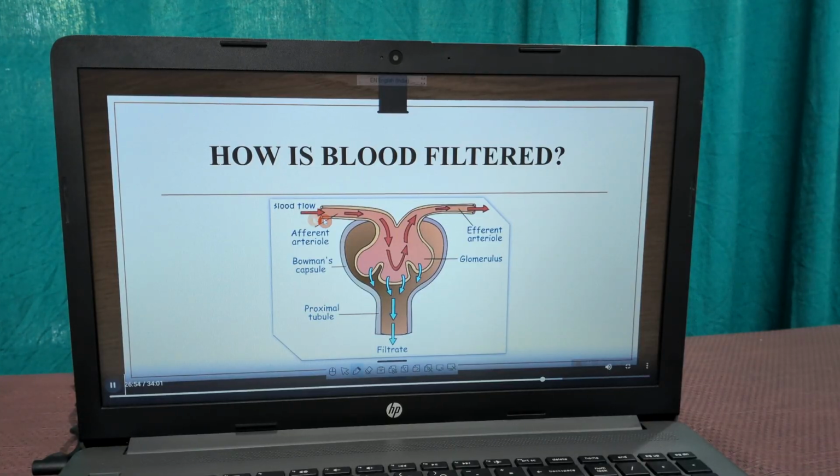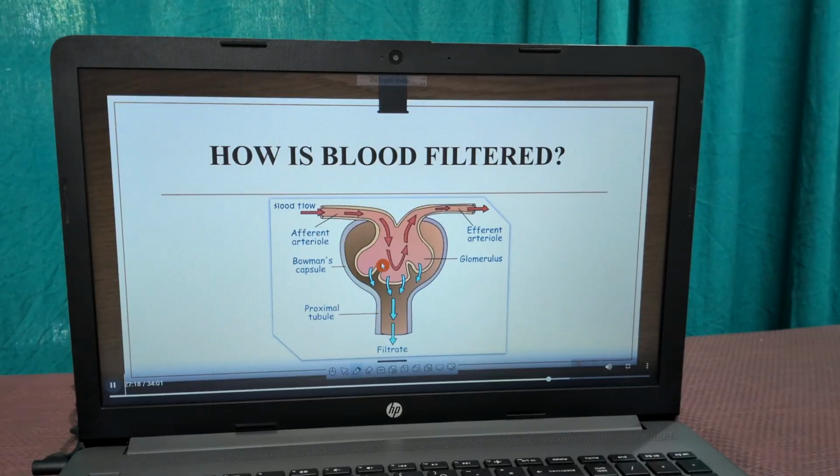So this is the diagrammatic representation of how blood flows. Blood flows from the arteries. The arteries divide and become smaller, which are called afferent arterioles. This is how blood enters. It reaches the Bowman's capsule and the glomerulus.